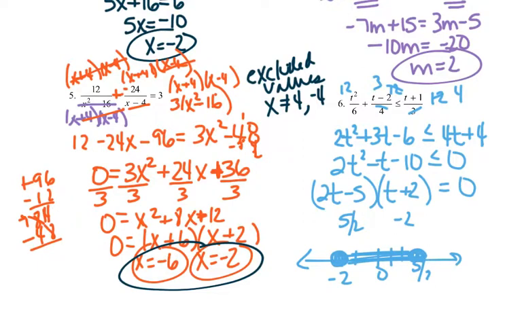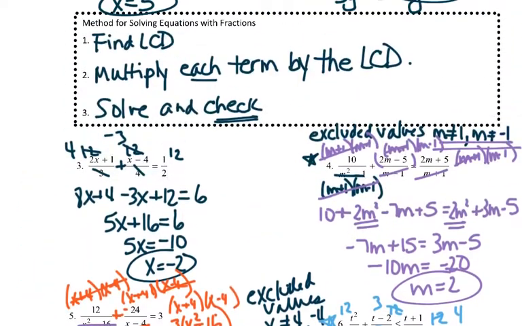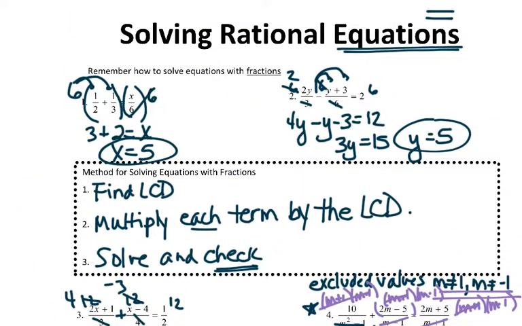You could test that 0 anywhere you want. You could test it in the factored version, this version, this version. Either way, it's going to work. And so the values that work are in between -2 and 5/2. So that one's obviously our harder one, but there is a quadratic inequality that's on the test. So there we have it, solving rational equations.